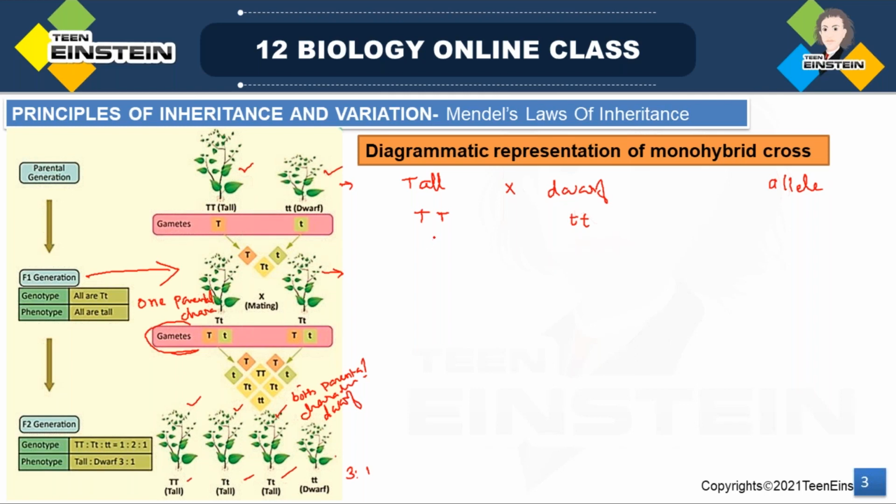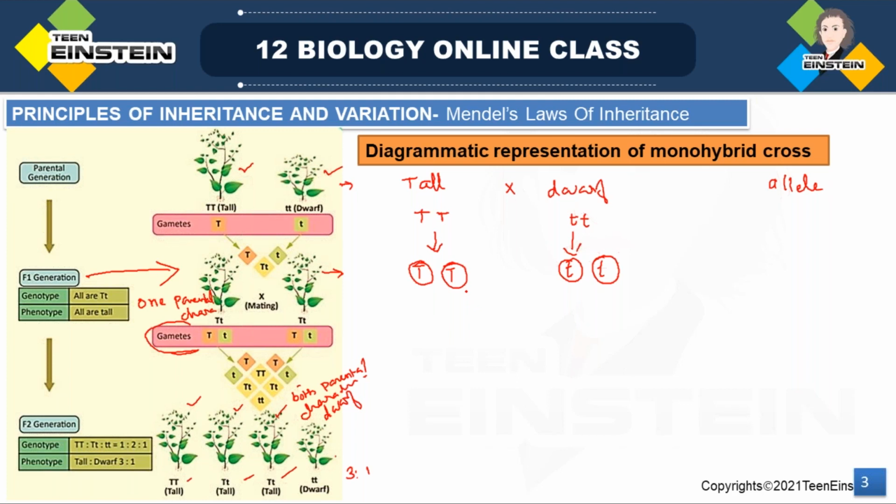These will produce gametes. The tall plant produces only one type of gamete, capital T, and the homozygous recessive produces only one type of gamete, small t.